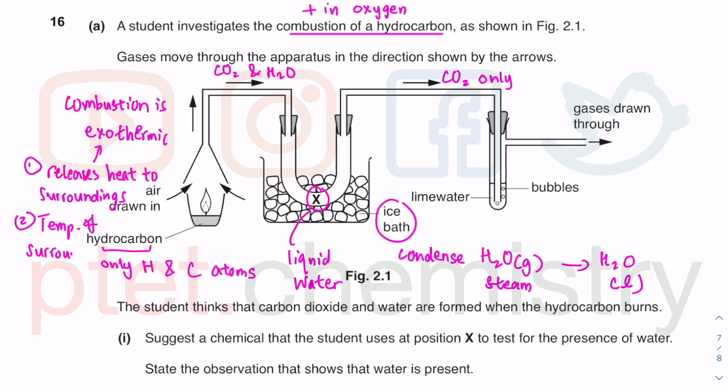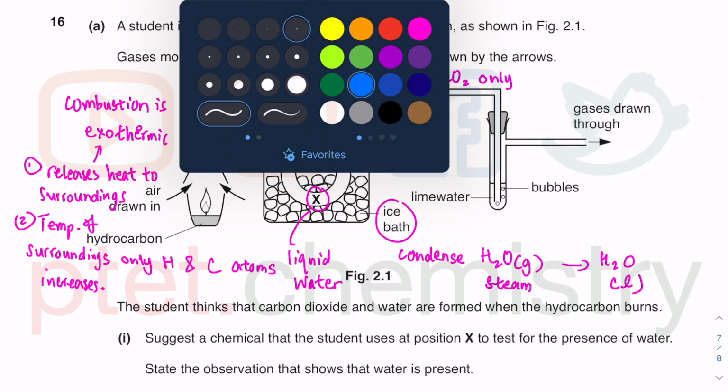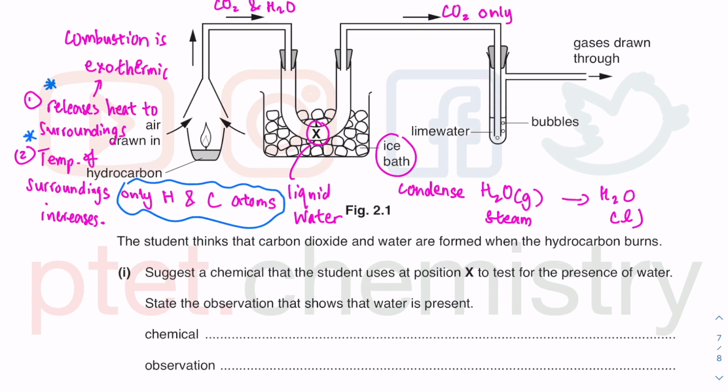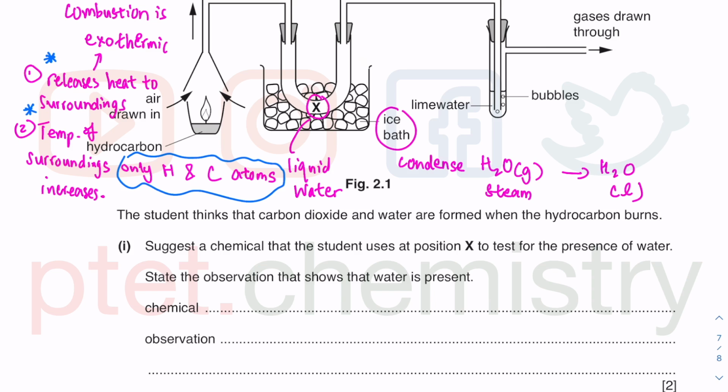These two are features of exothermic reactions. According to the syllabus, the temperature of the surroundings would increase there. I better separate them out so that we are not confused about what we want for the definition of exothermic reaction. So the student thinks that carbon dioxide and water are formed when the hydrocarbon burns.